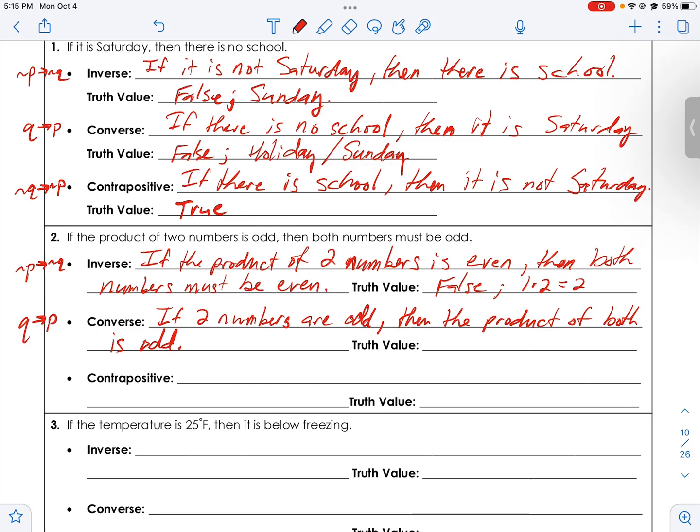Well, 1 and 3 is 3. 1 and any odd number is an odd number. 3 and 5 is 15. 3 and 3 is 9. 3 and 7 is 21. I can't really think of anything that would work. Most of them all end up as odd.